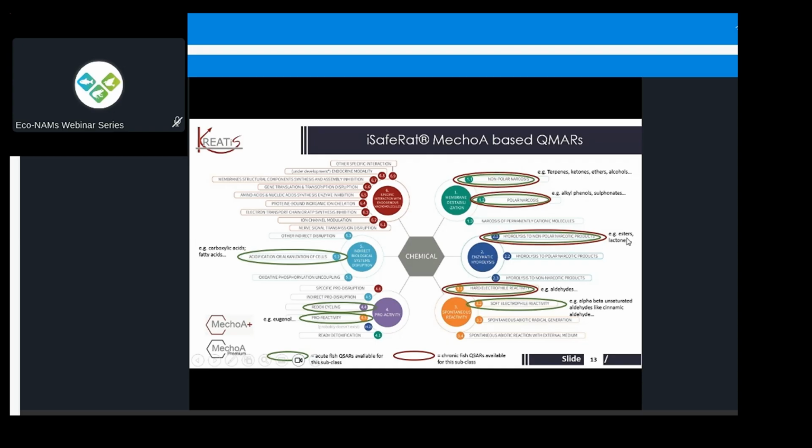That includes esters and lactones, for example. The 3.1 covers aldehydes, epoxides, the substances that I showed you in the previous slides. We also have the soft electrophile reactivity, which is the 3.2, that covers alpha-beta unsaturated aldehydes like cinnamic aldehyde, but also things like acrylates. Again, these are by far the most common groups which we find within the spontaneous reactives.